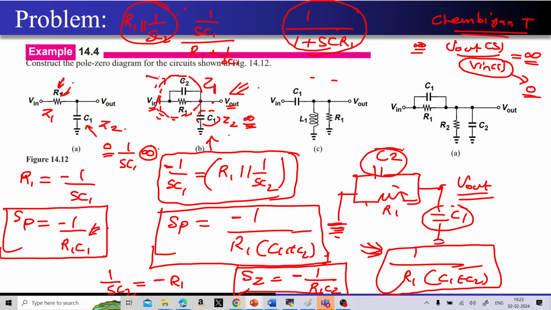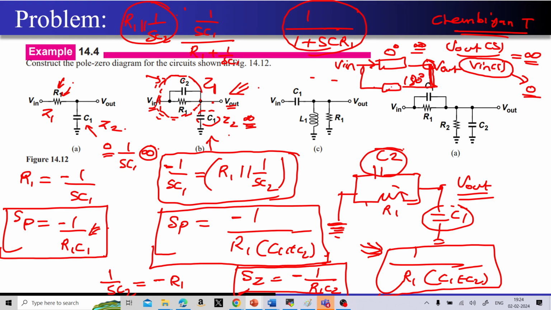One more way to look at this is if there are two different paths between the V in and the V out, the signals can combine at this node in such a way that, let's say, this path gives 0 degree phase shift and this path gives 180 degree phase shift.